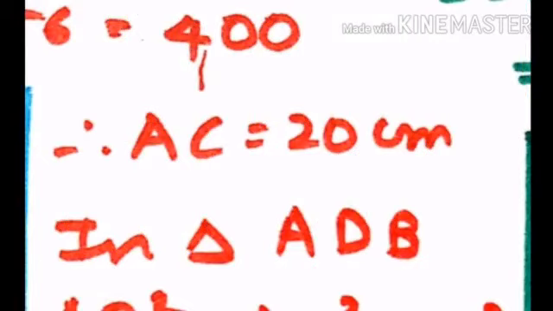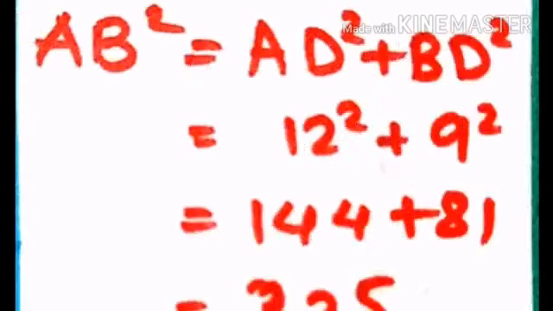Now in the other triangle to the left of the height AD, that is triangle ABD, we will also use our Pythagoras theorem to get the value of AB. So AB square is equal to AD square plus BD square, and substituting values, 12 square plus 9 square, that is 144 plus 81, it becomes 225.